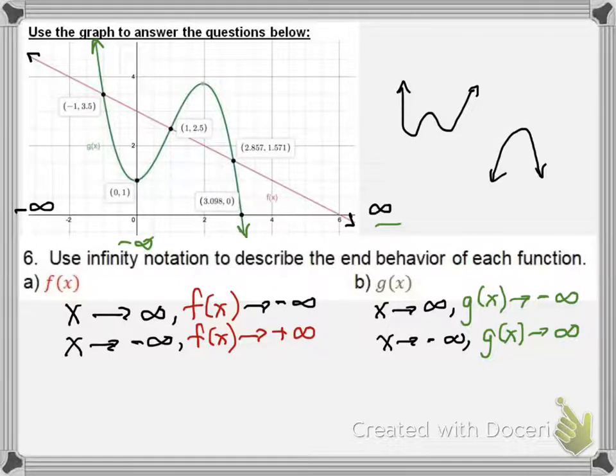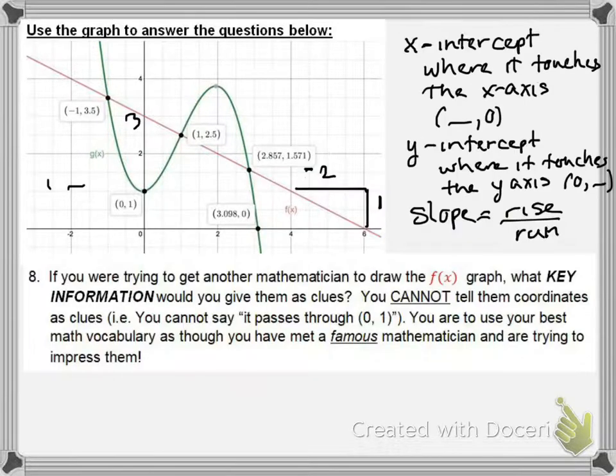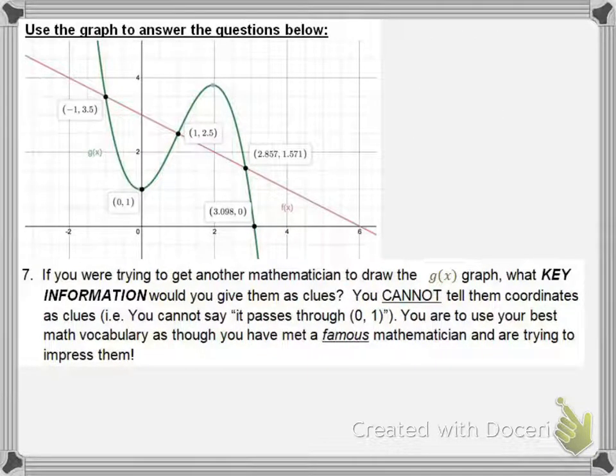I also know, let's go back and look at this one again. If I wanted to know about this one and I'm describing it, it would be a good thing to be saying it goes down to negative infinity on the right. To describe that end behavior we just did might be a good way to put this in here.